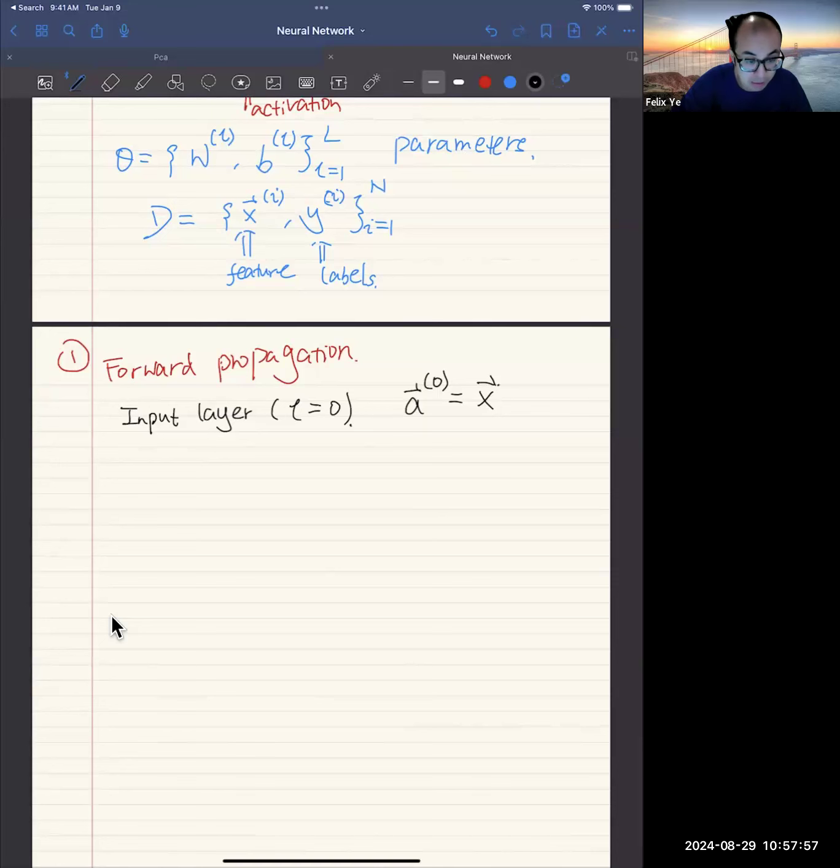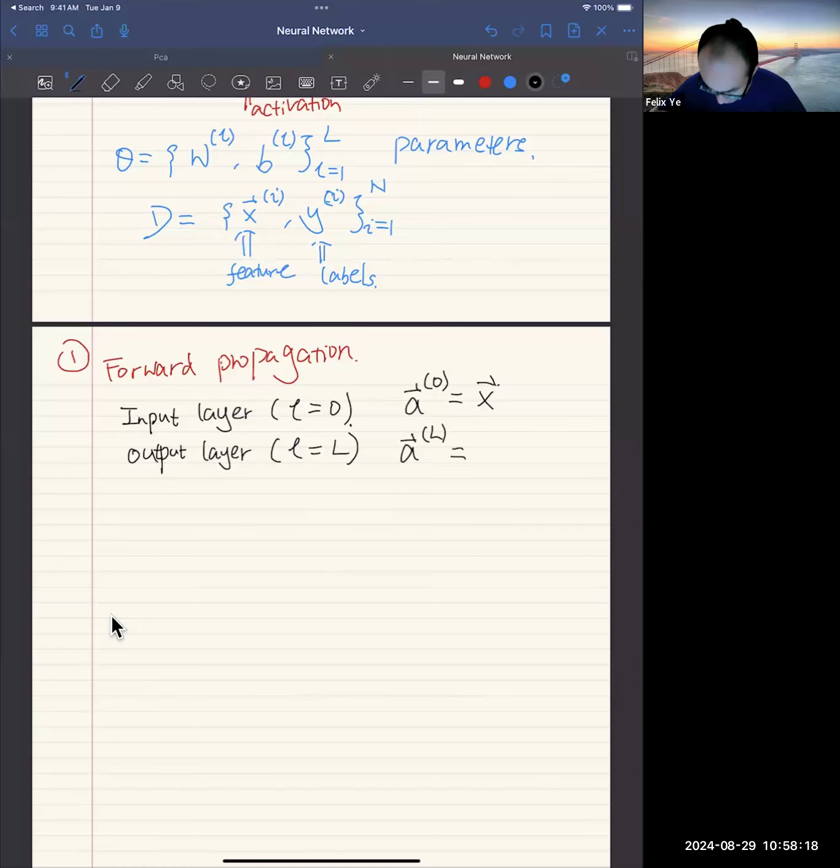And also the output layer, which is the last layer, capital L. My output after the output layer is actually a function f, with input being x and parameter theta. So the input is my feature.